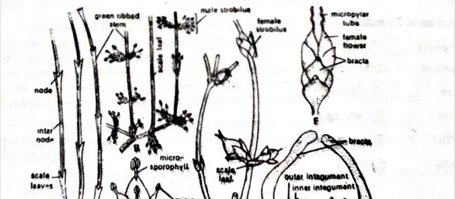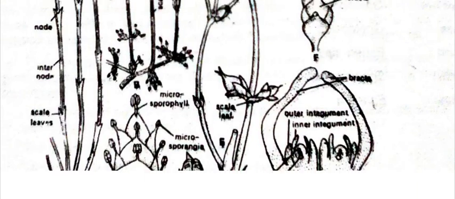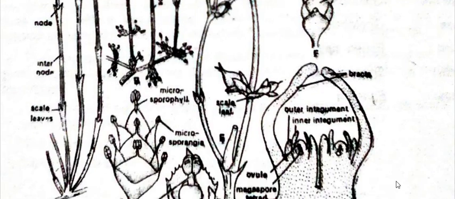The lower bracts are sterile, meaning no ovules are produced in these pairs of bracts. Only the upper two bracts are fertile, and in the axils of these the ovules are produced. In one bract, one ovule is produced.